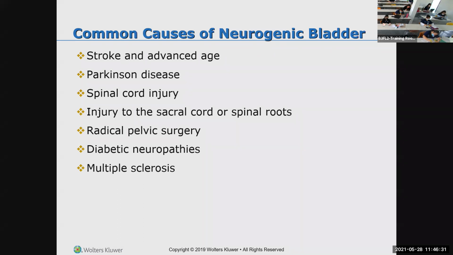Please remember, I mentioned Parkinson's disease this morning, and multiple sclerosis, MS. The bladder becomes a neurogenic bladder.